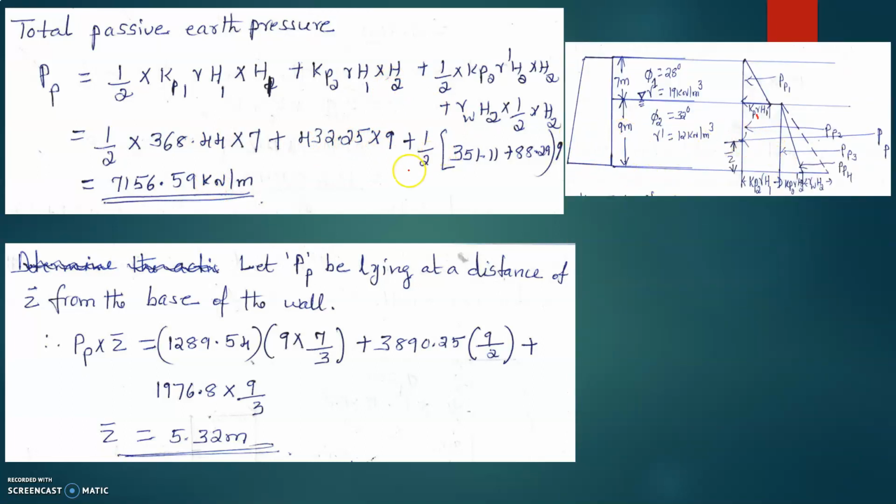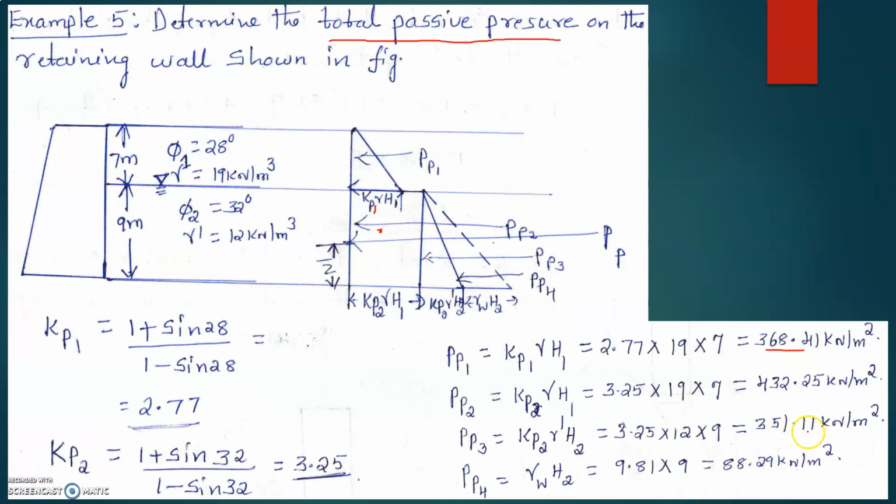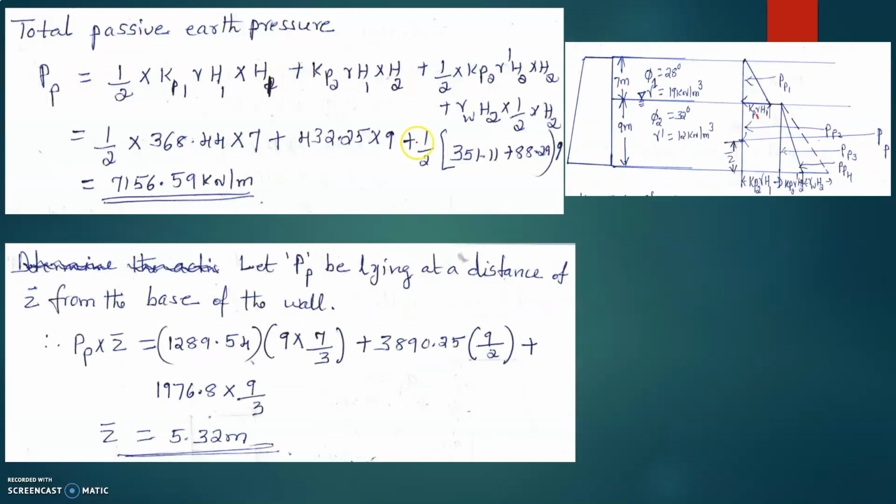So plus half into this portion Kp2 gamma dash H2, that is 351.11 plus 88.29, substituted into H2, that is 9. So we will get 7156.59 kilonewton per meter. This is the total passive earth pressure.